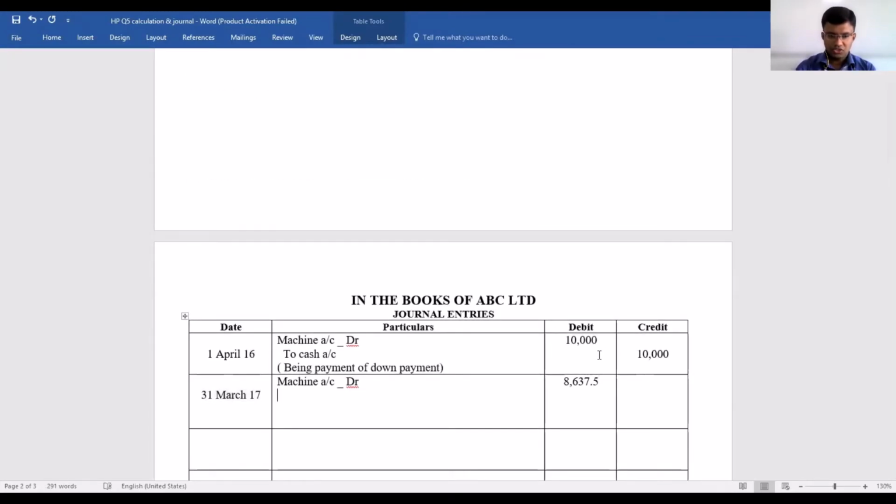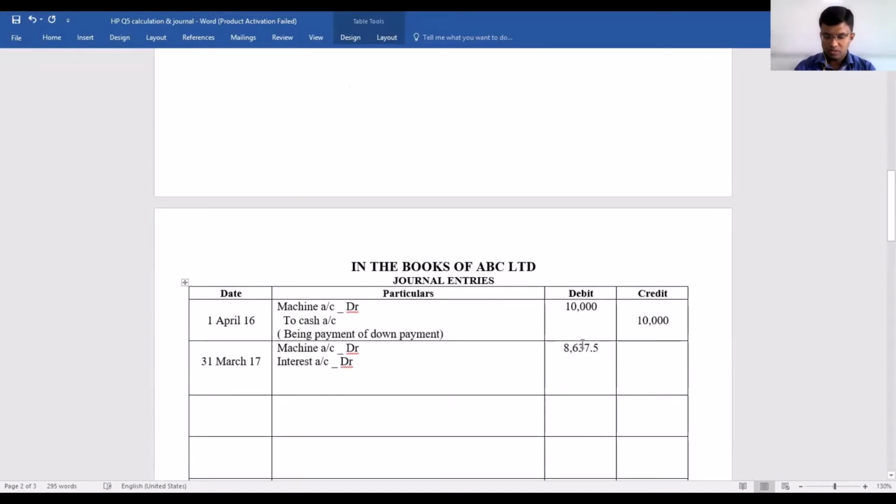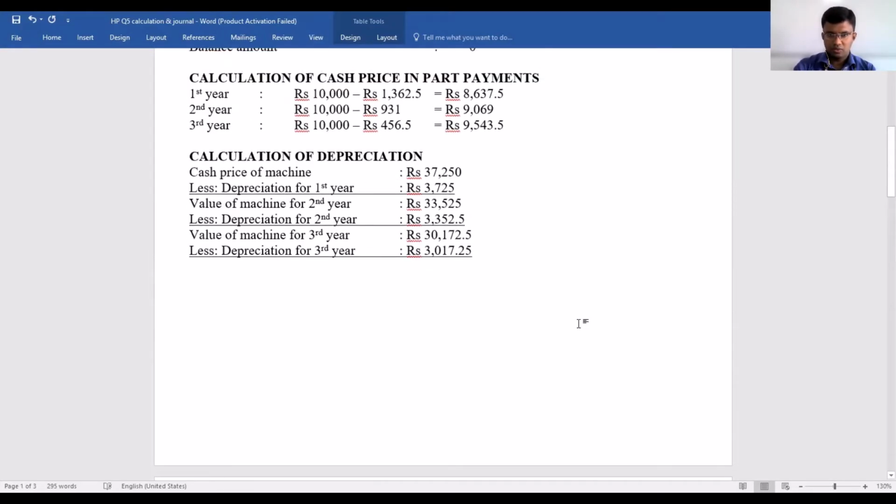Okay. Then interest account debited, and the interest is 1,362.5. So this is your interest for the first year.